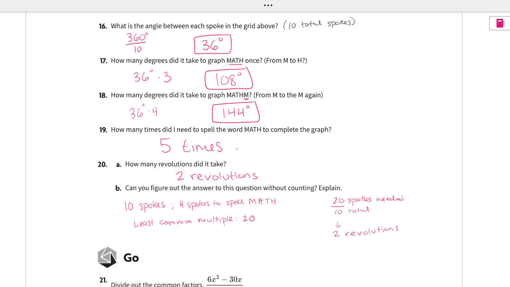We could also figure out the 5 times using that same concept. 20 spokes needed, and math is 4 spokes for math, which is 5 times. So that's how we could have figured out question 19 as well.